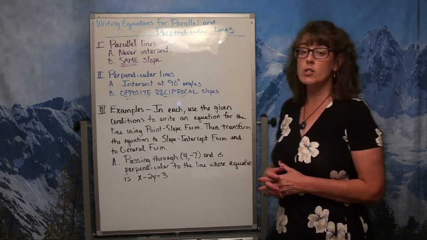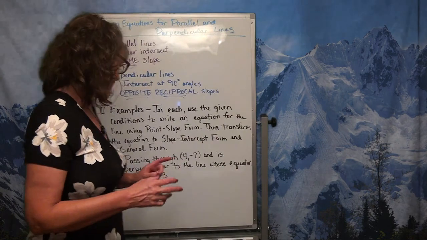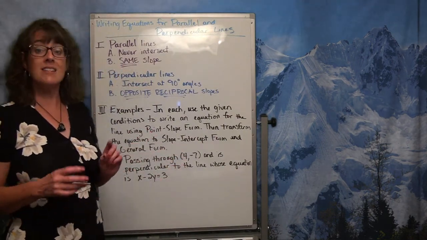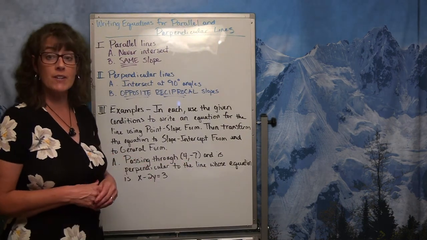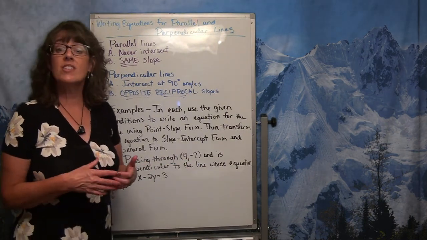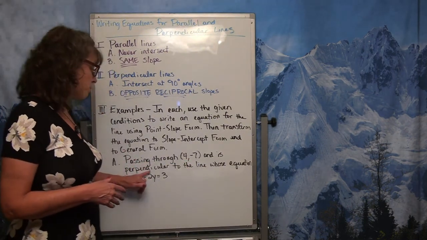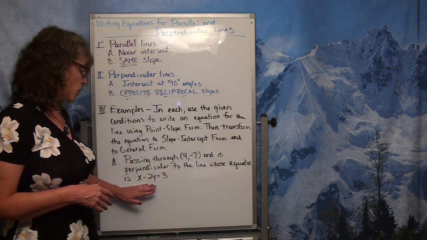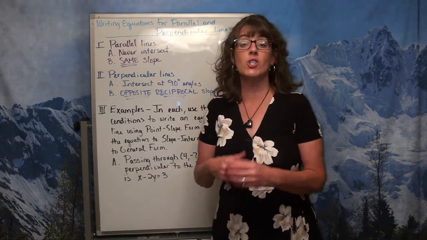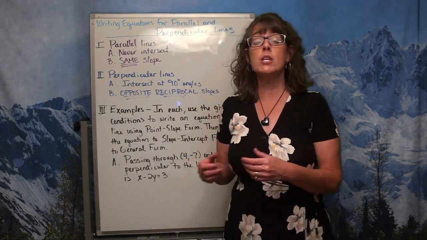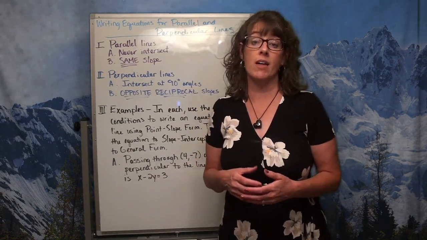So let's take a look at this first example. We have a second, new line, and it passes through the point (4, -7). We know this second new line is perpendicular to the line whose equation is x minus 2y equals 3. Now remember, the equation of the line is the name of the line, but we can use that equation to figure out where that line sits.